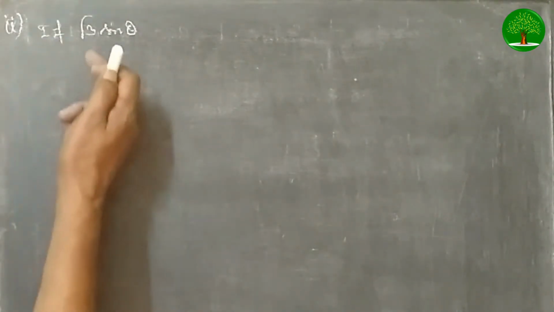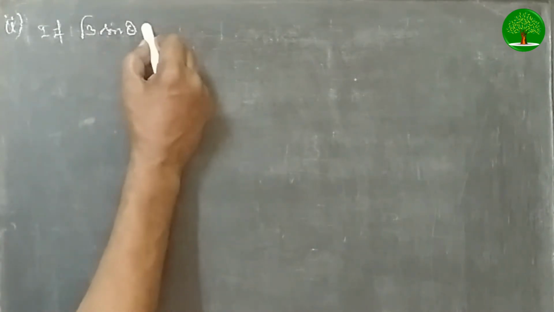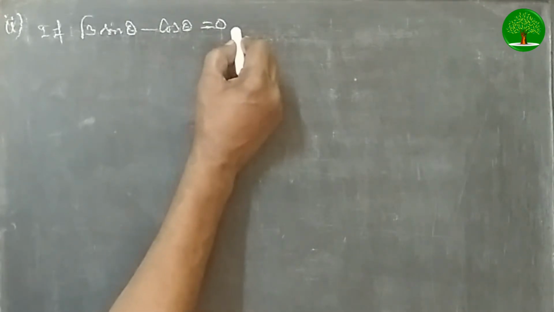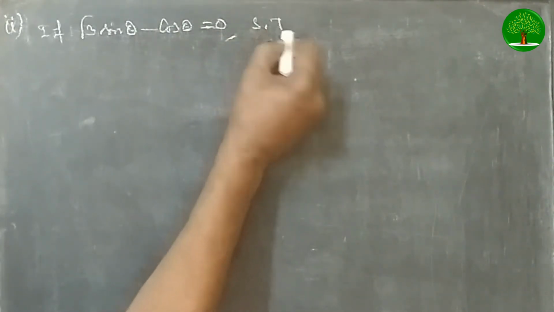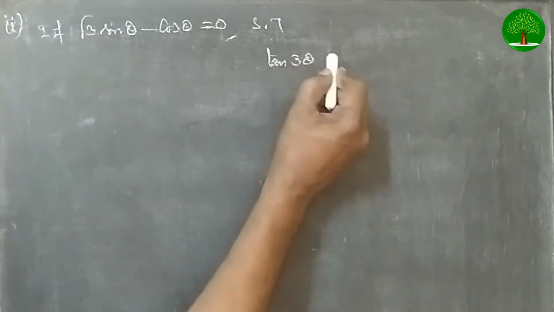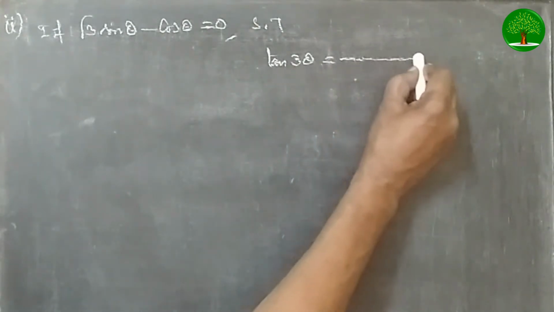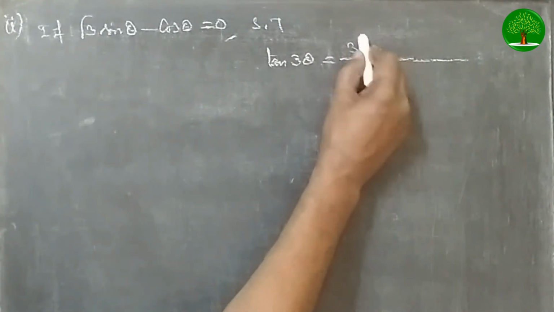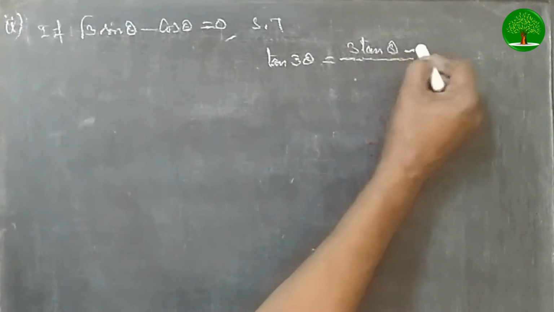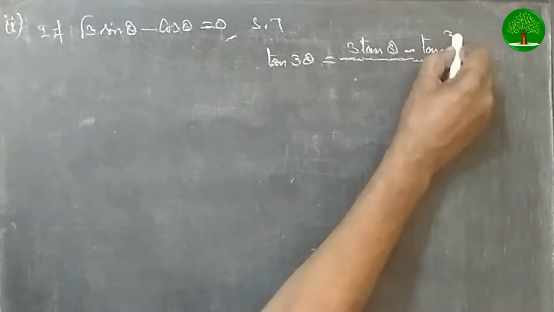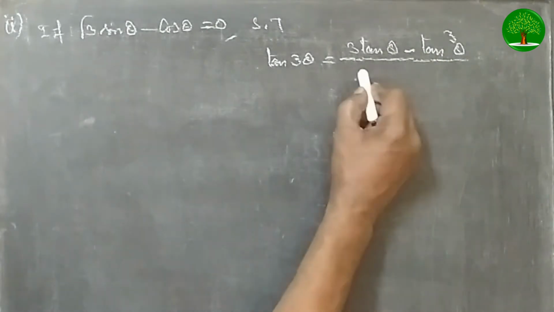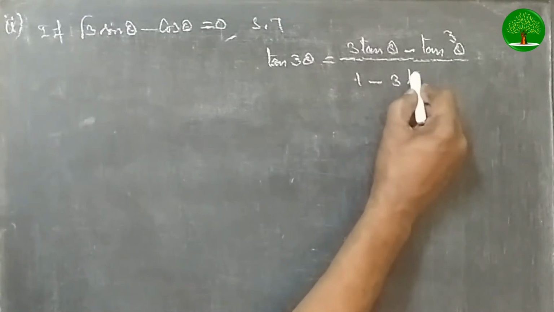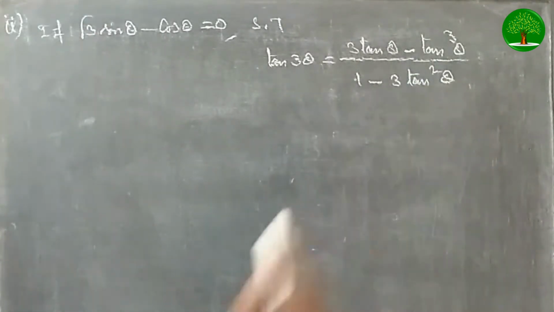If root 3 sin theta minus cos theta is equal to 0, so that tan 3 theta is equal to 3 tan theta minus tan cube theta by 1 minus 3 tan square theta.